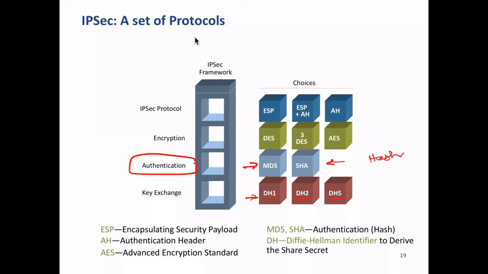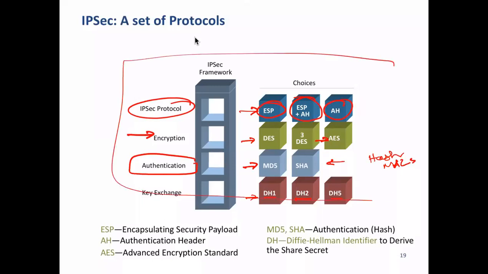Now these hashes are used in the form of message authentication codes, MACs. And then for encryption you use DES or 3DES or AES. And then you use the protocols that we are going to use either for encryption, or encryption and authentication, or only authentication. So these all define the different protocols that we are going to use.